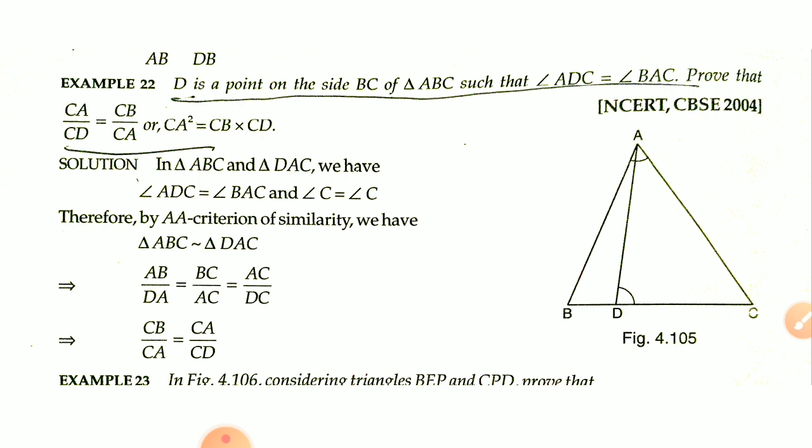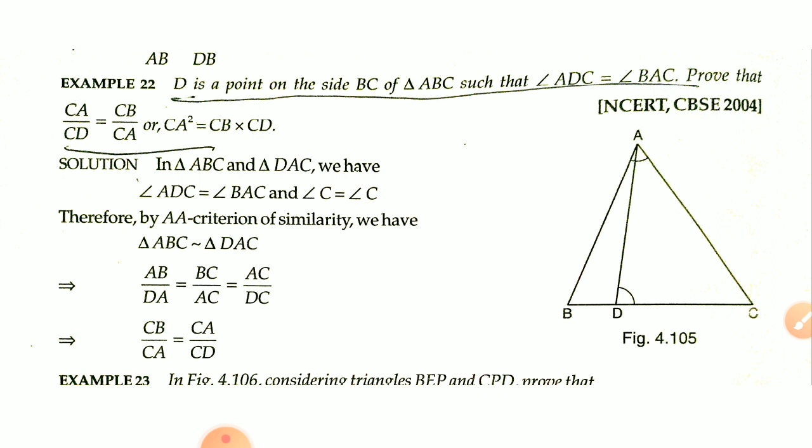Then prove that CA upon CD is equal to CB upon CA, or CA square is equal to CB into CD.